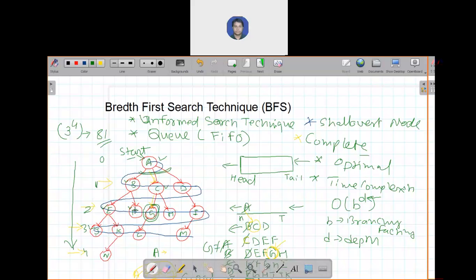As you can see, state G is at depth 2, so D is 2 and B is branching factor, just consider 3. The state A has 3, so 3 to power 2 means 9. So to reach from state A to G, you have to search 9 times.